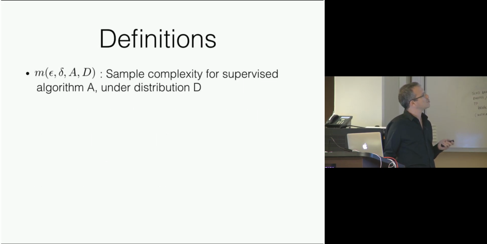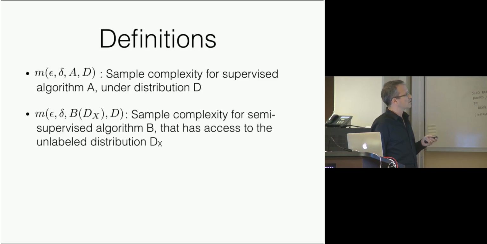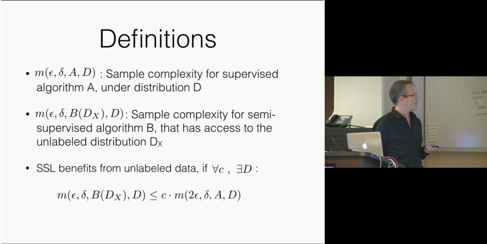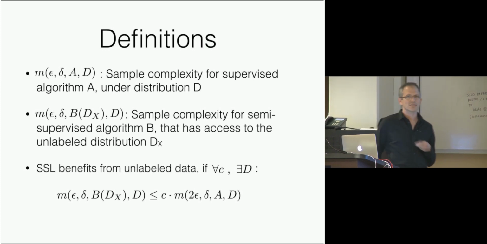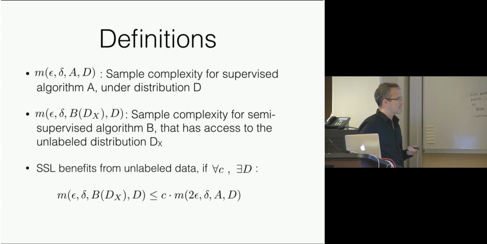Given a supervised learning algorithm, namely one that doesn't use the unlabeled distribution, we denote its sample complexity by M of A. For the semi-supervised algorithm B that takes the data distribution as input, we denote its sample complexity by M of B. And we say that SSL benefits from unlabeled data if for any constant C, there is a gap of C between these two sample complexities. So the semi-supervised sample complexity is arbitrarily better than the supervised complexity.